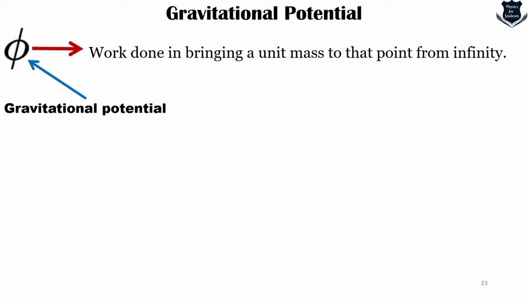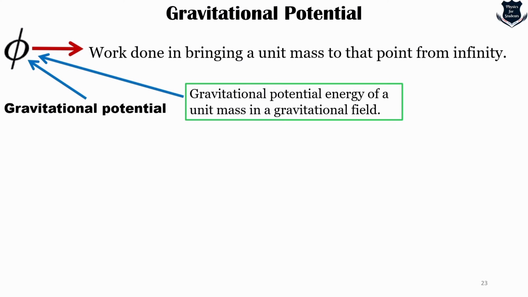It is defined as the work done in bringing a unit mass to that particular point from infinity. In other words, phi is the gravitational potential energy of a unit mass.